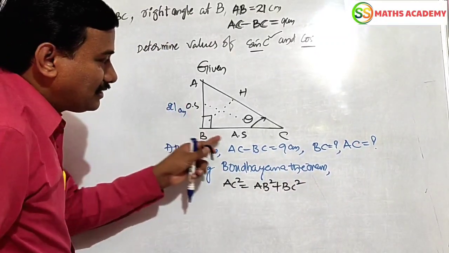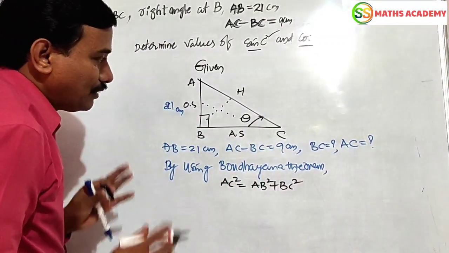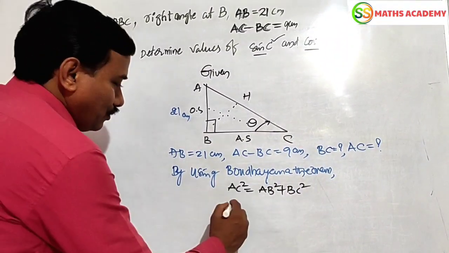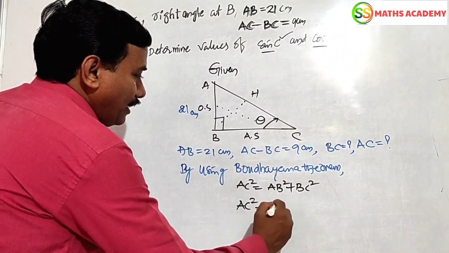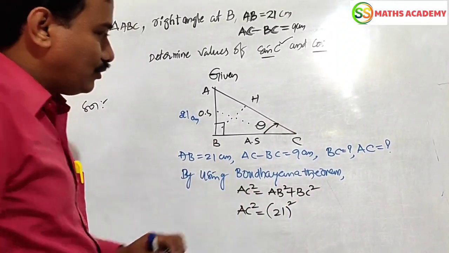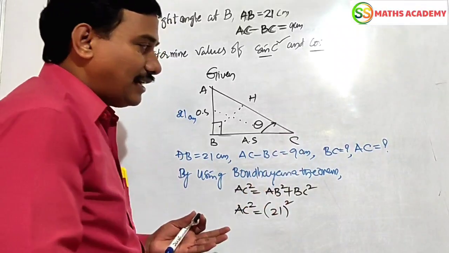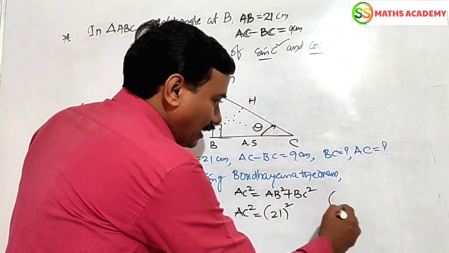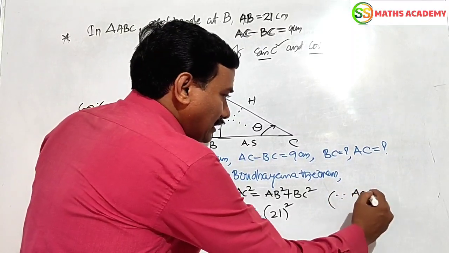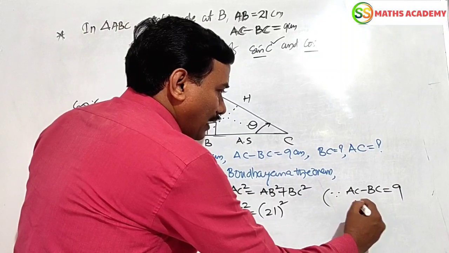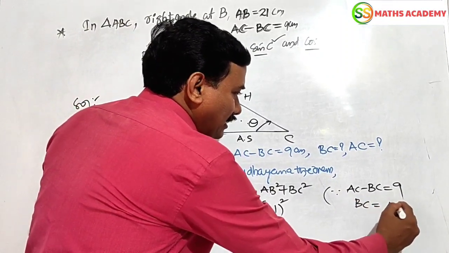AC is not there directly, so you can write AC. AB is given as 21, so substitute 21. BC is also not there directly, so from this we have to take the BC value. Since AC minus BC equals 9, BC equals AC minus 9.